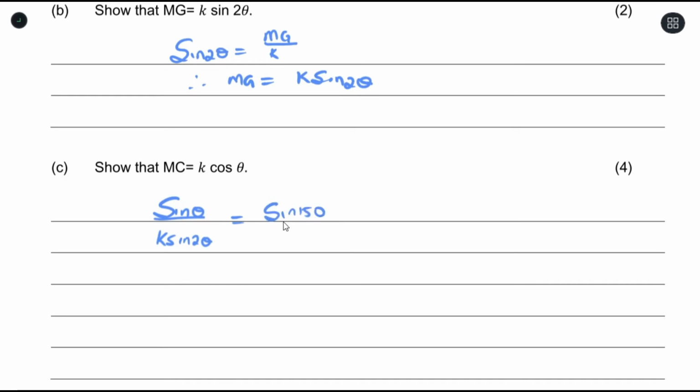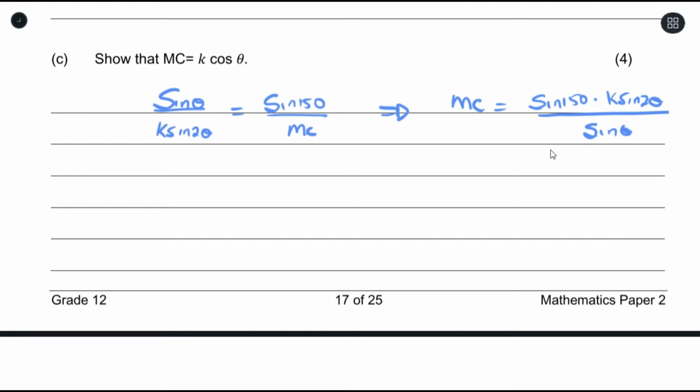Sine 150 over MC. To find MC, the first thing we do here is cross multiply. This will give you MC is equal to, now sine 150 can be reduced into sine 30, right?